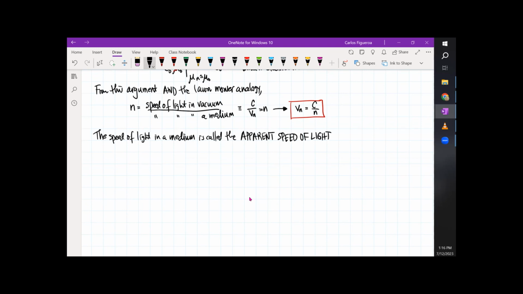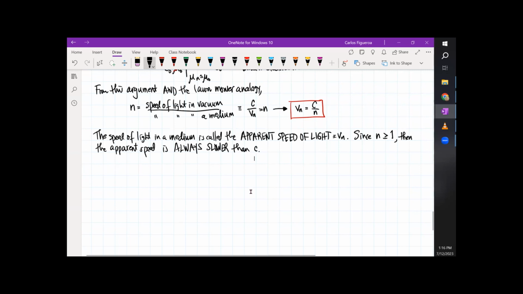And this is what we call the apparent speed of light. Since n, the index of refraction, is always at least equal or greater than 1, then the apparent speed is always slower than c.